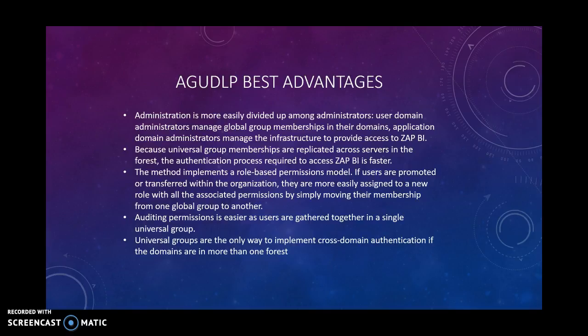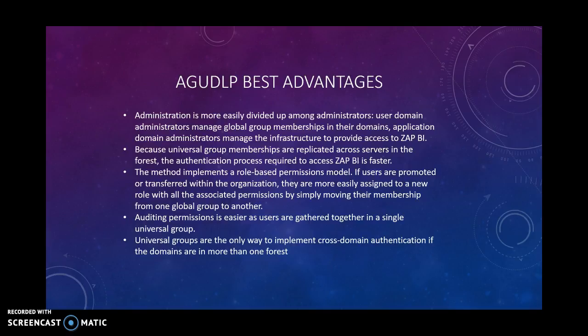In a multiple forest environment, these behaviors mean that a universal group that is to contain users from multiple user domains must be located in a domain in the forest containing the user domains. The universal group can then be made a member of a domain local group in the application domain.